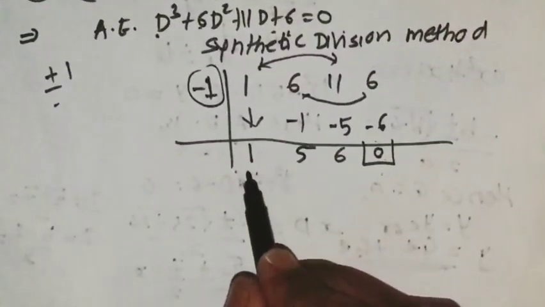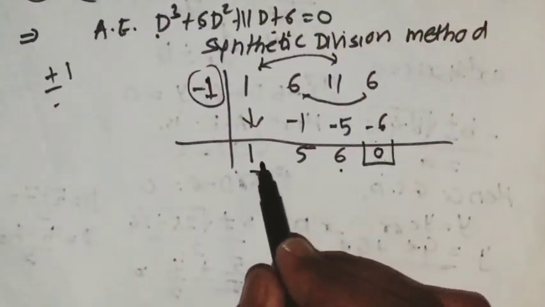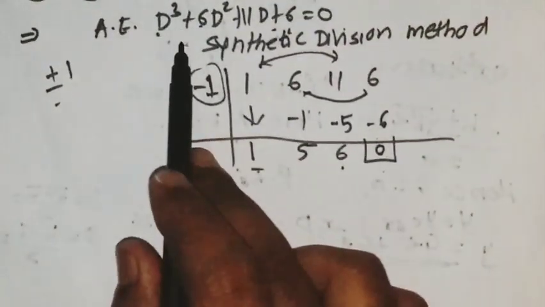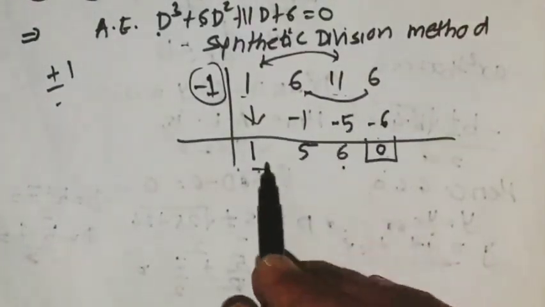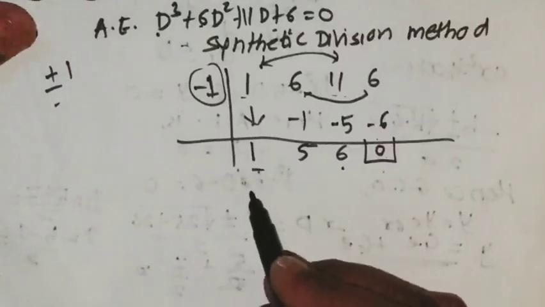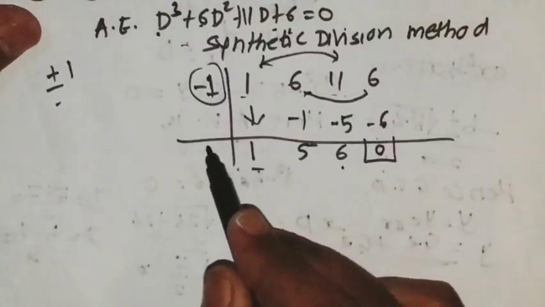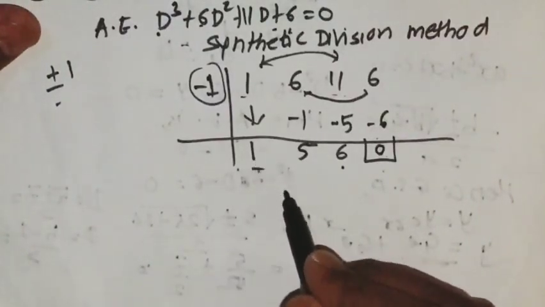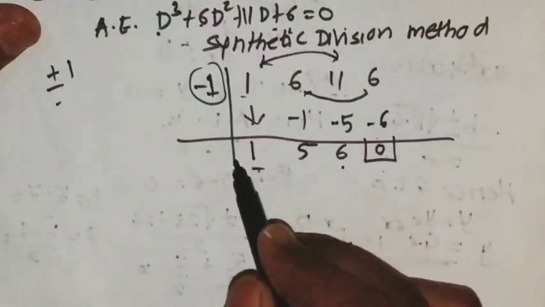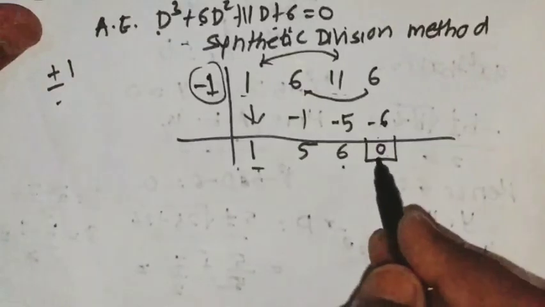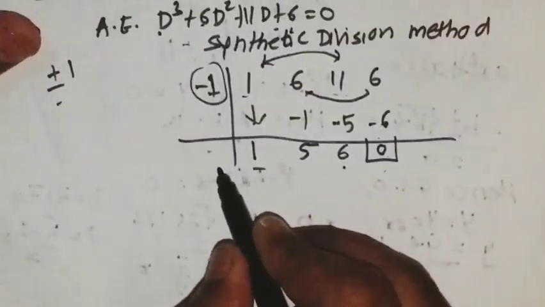Now, here we have the coefficients of the degree 3 polynomial, and these will be the coefficients of the degree 2 polynomial. You can check the roots again in a similar way, or since this is a second degree polynomial, you can determine the remaining roots using the factorization method.